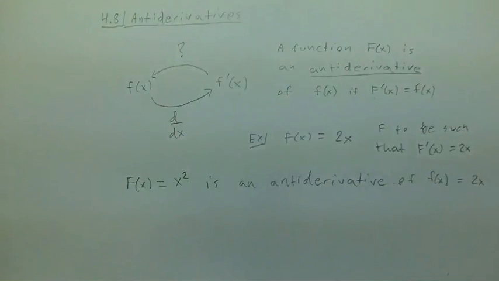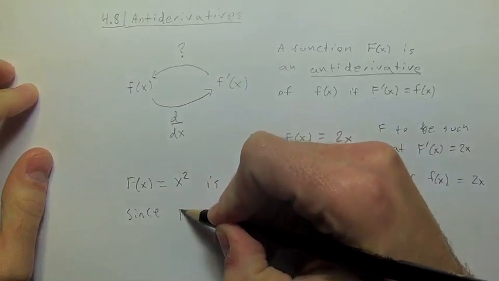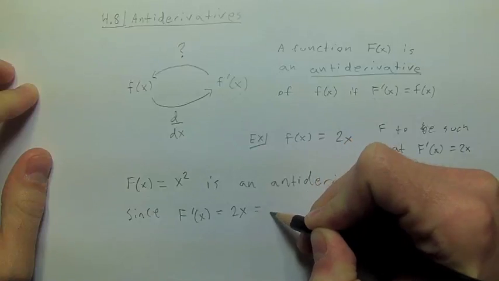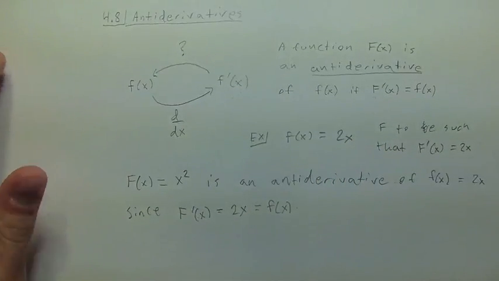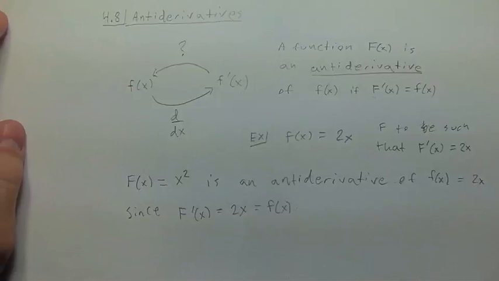You kind of have to think backwards here. You always have to think, what function, when I take the derivative of it, will give me 2x? So x squared is an option because capital F prime would be 2x, which is little f.